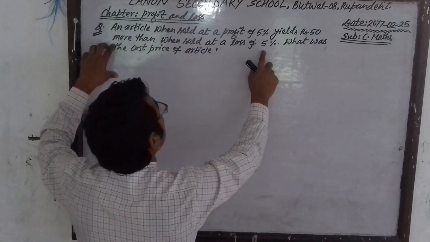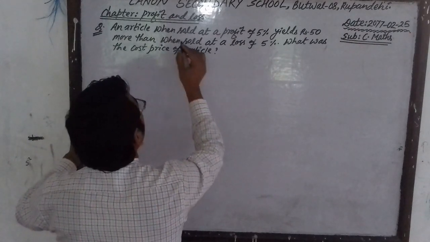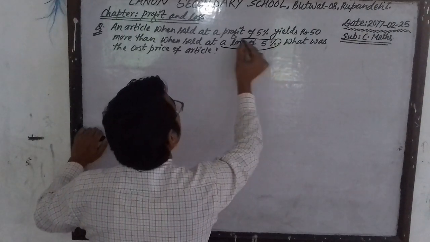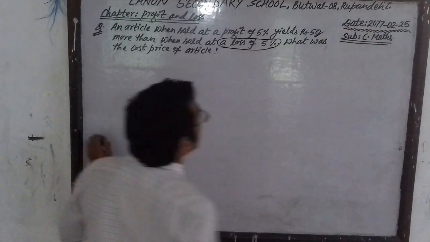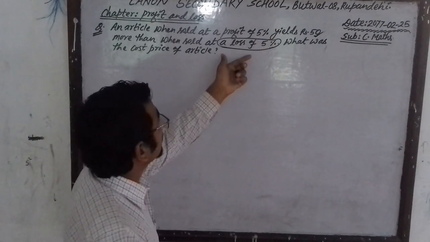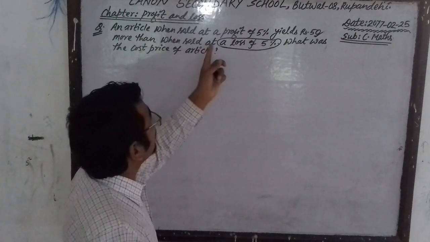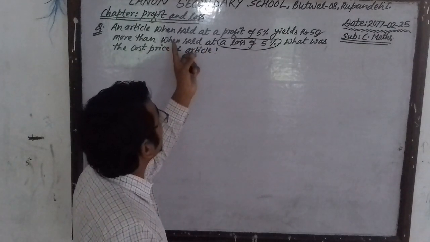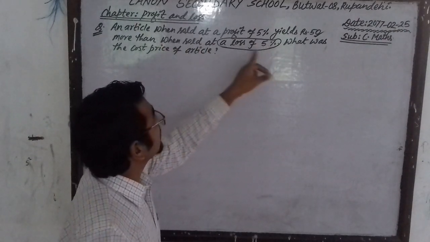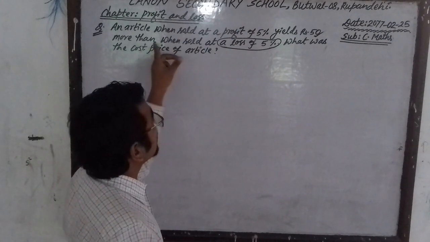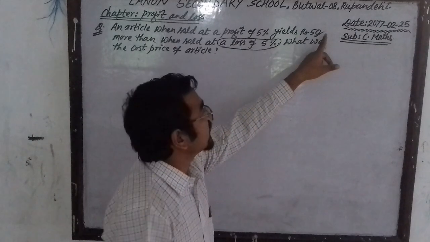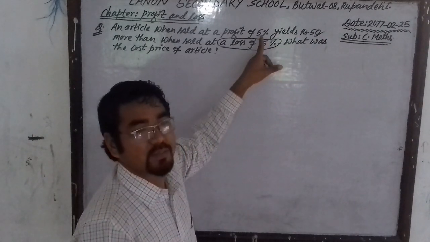The case of this question is: in the selling price where we are getting a 5% loss, if we add 50 rupees more and sell it, then we get a 5% profit.